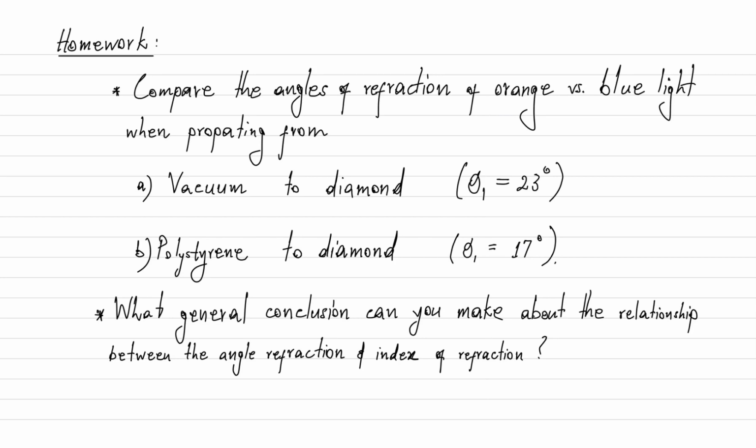And perform the exact same comparison, this time not for light traveling from a vacuum to a diamond, but for polystyrene. You could compare how the two light rays travel.